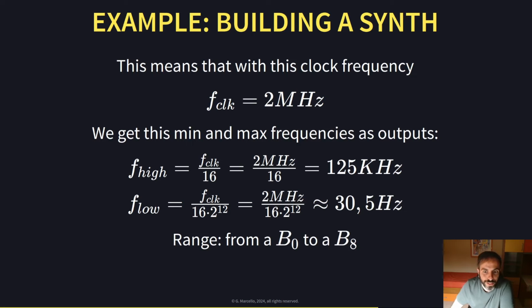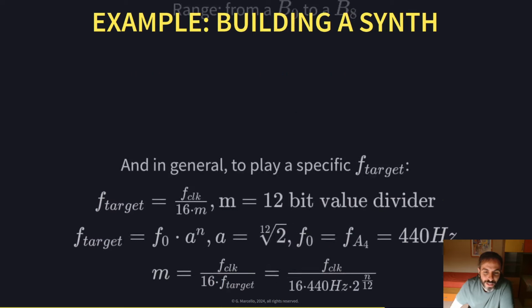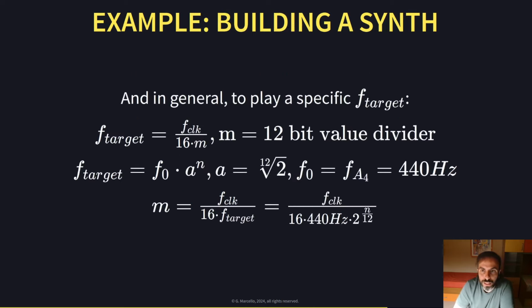For our Italian listeners, this is a C as a note. And in general, to play a specific frequency with this chip, I'm using the equal temperament system here, so each note has the same spacing from one another. This is the formula that regulates this.